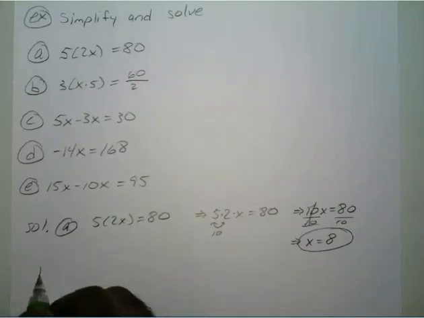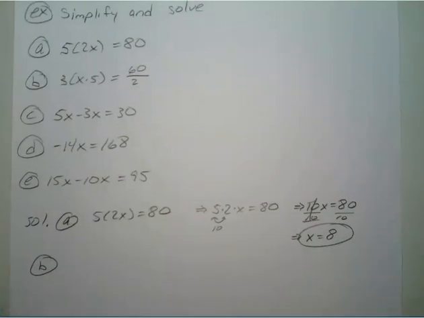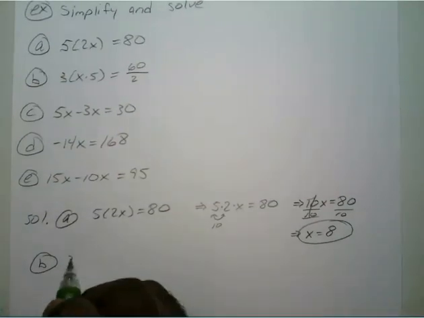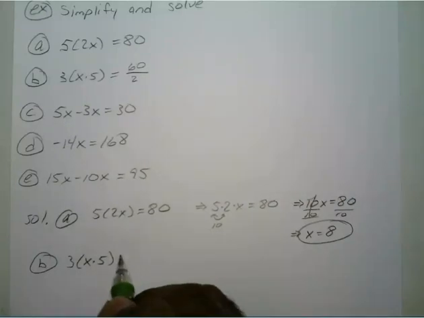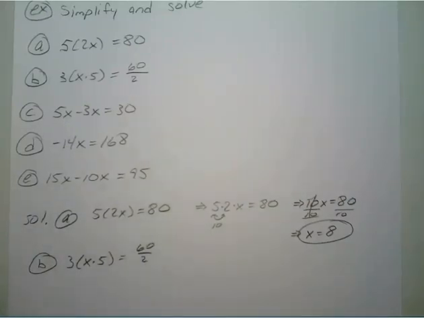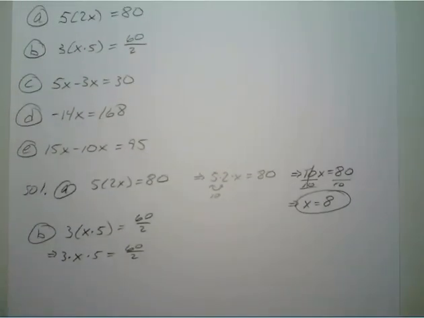Okay. So if we look at problem B, it's the same thing. You have 3 times x times 5 equals 60 divided by 2. The left side is just 3 times x times 5. Let's move that up some.